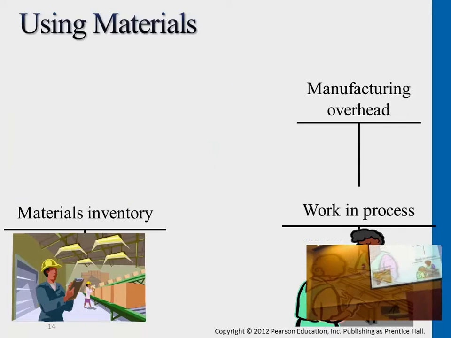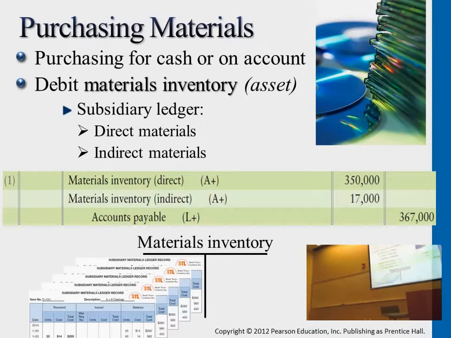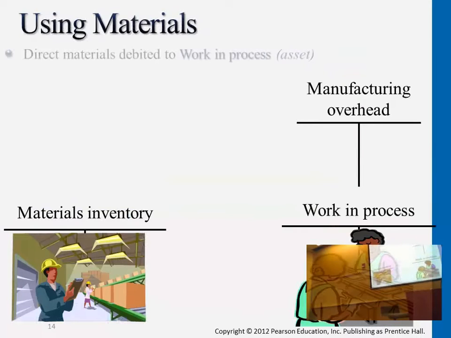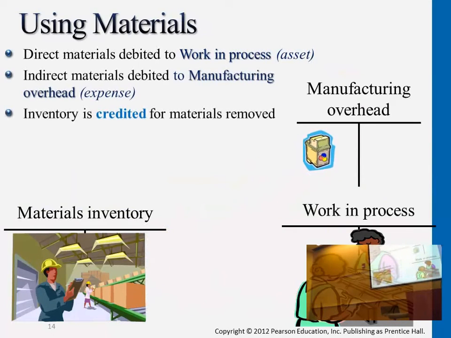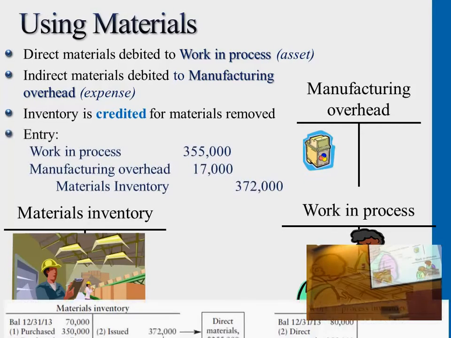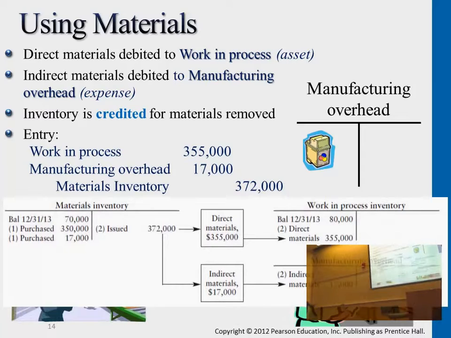Okay, so the previous slide was purchasing materials. So this is just the materials we purchased in this season. Remember, at the beginning, we will have beginning inventory carried over from last year. After purchasing new materials, we start producing the product. Those direct materials factor into work in process. Indirect ones go into manufacturing overhead, indirect cost. So here we're just trying to assign different costs to different T accounts.